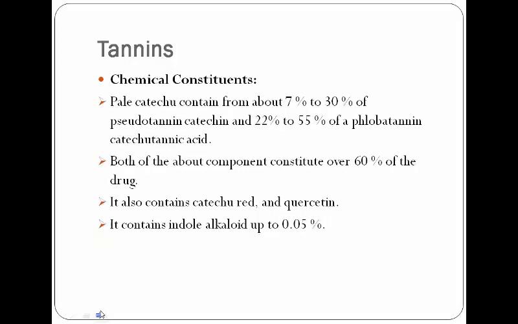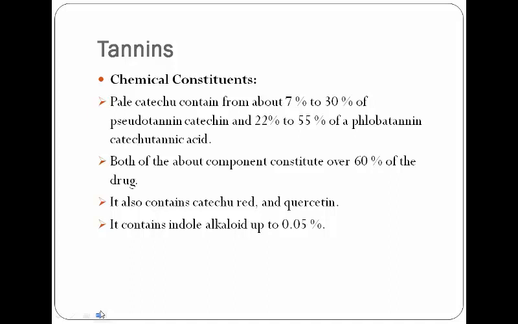The chemical constituents of the drug include 7 to 30% of pseudotannin catechin and 22 to 55% of catechu-tannic acid, and these both account for about 60% of the drug.